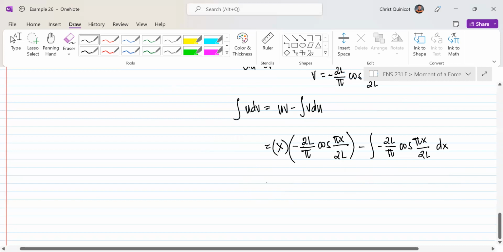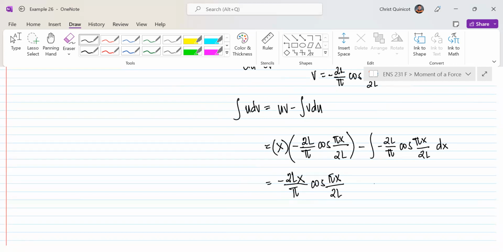So this becomes negative 2Lx over pi times cosine pi x over 2L plus, and of course 2L over pi is constant, so this becomes positive 2L over pi, the integral of cosine pi x over 2L dx.